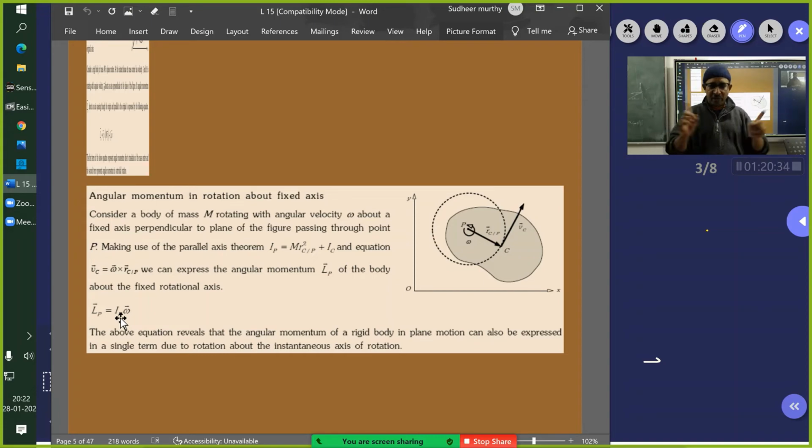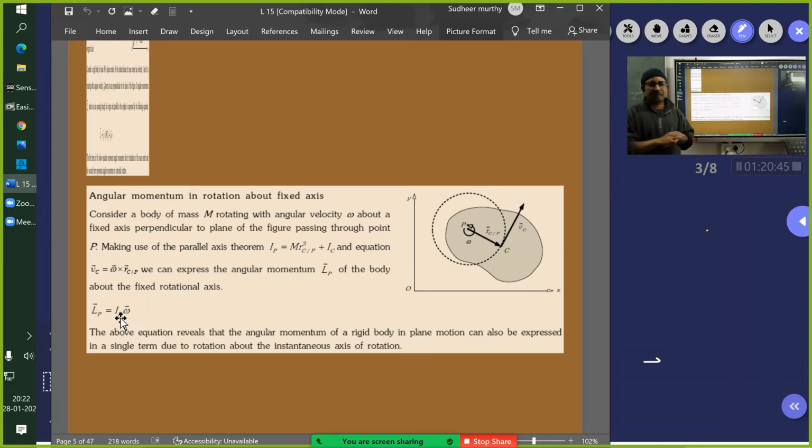So I have 2 points on the same body. Can IP1 ever be equal to IP2, or is it never possible?